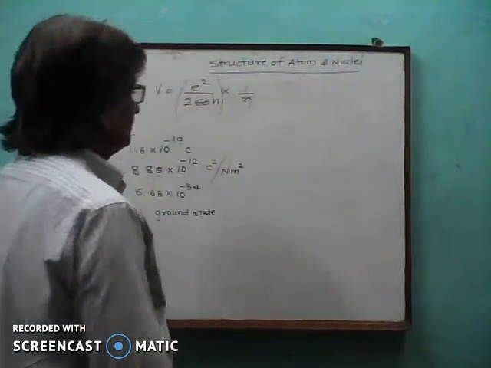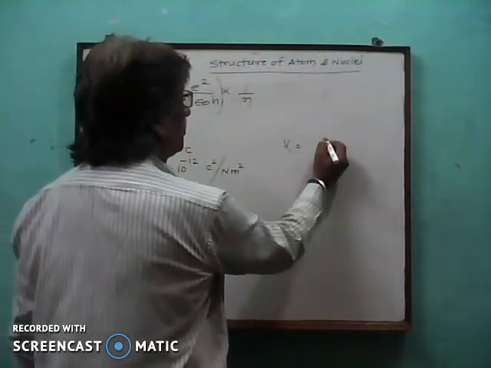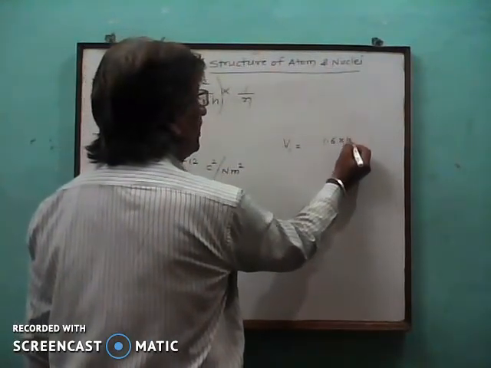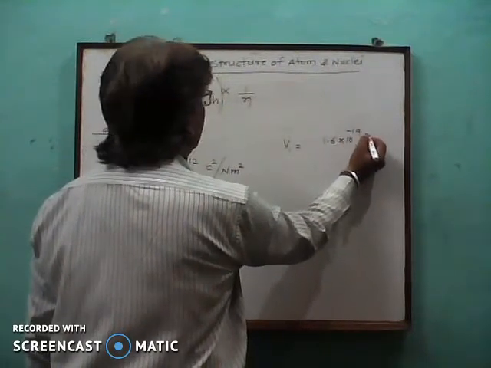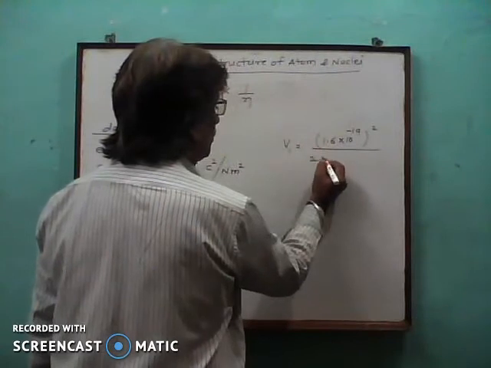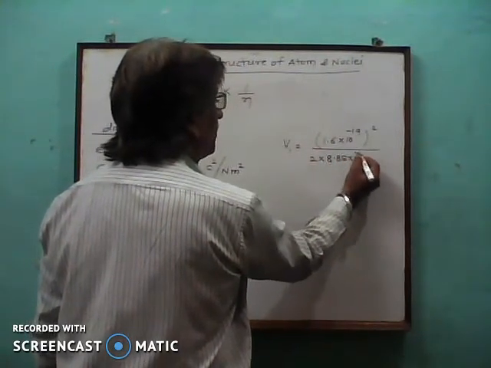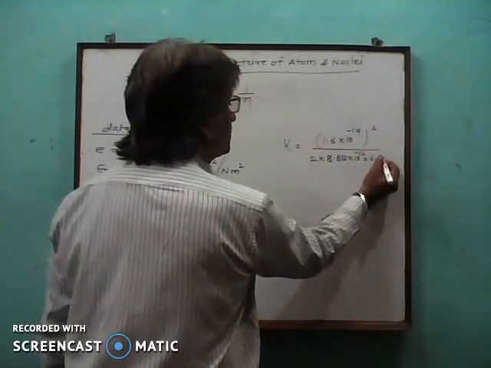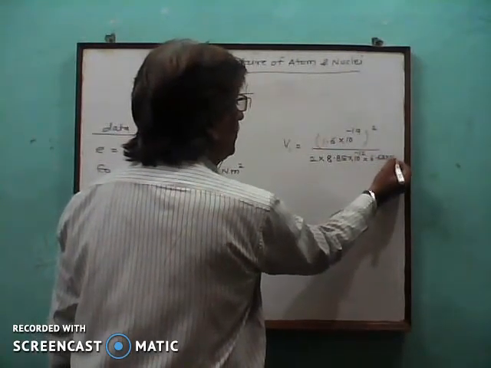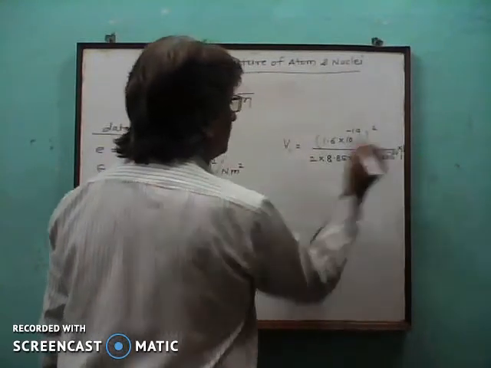So here, if we substitute the values, v1 is equal to (1.6 into 10 raised to minus 19) squared upon 2 into 8.85 into 10 to the power minus 12 into 6.63 into 10 to the power minus 34 multiplied by 1 upon 1.